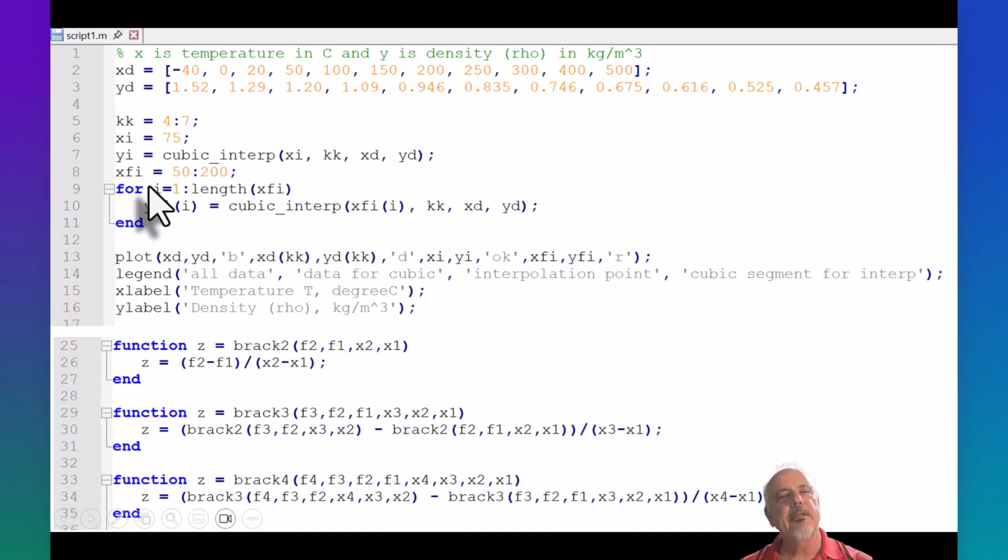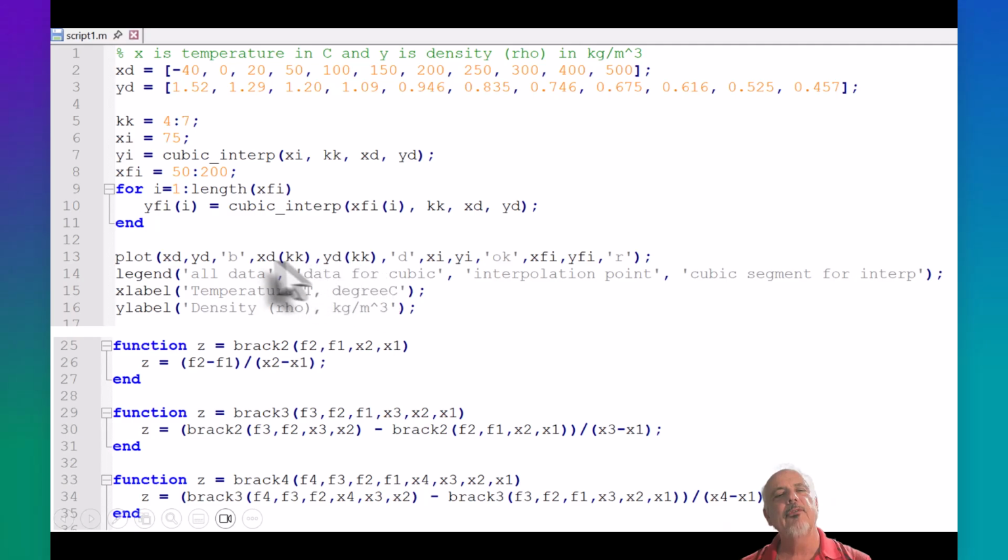And then I wanted to do a fine one. I wanted to go from 50 to 100, very fine. I think that means by increments of 1. And I did a cubic interp of everything there, and that was the FI, YFI, XFI. So that's going to be the very fine one, and I did that in red, as I showed you earlier.